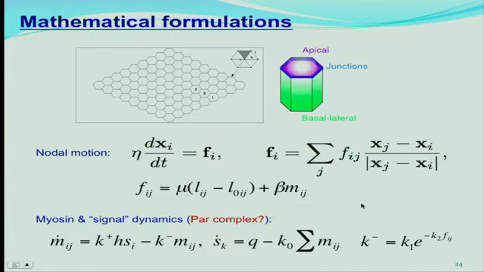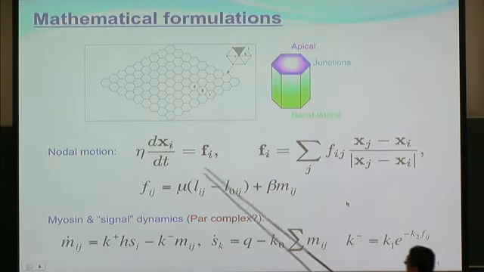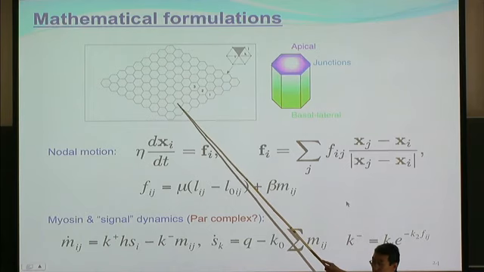Now this is the only slide, I believe, in my talk that has any equations on it. It's a simple set of equations. As I said, the cells are actually very squat, so there's hardly any depth. So all the action is taking place on the apical surface. We define the motion of each node. The nodes can be a junction of 3 cells, like here, or the central node of each cell.